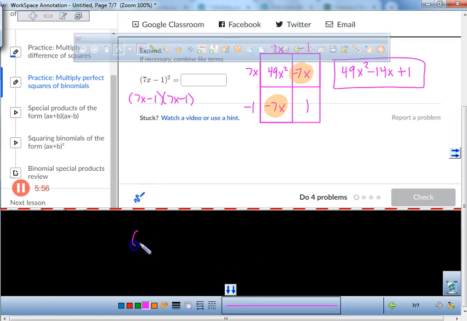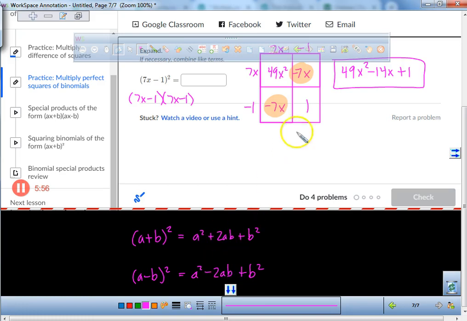Now, there are two perfect square binomial products. The first one will be a squared plus 2ab plus b squared. This one is always a squared minus 2 times ab plus b squared.